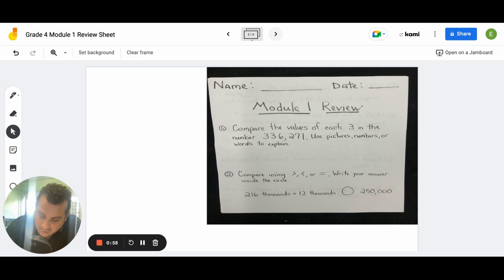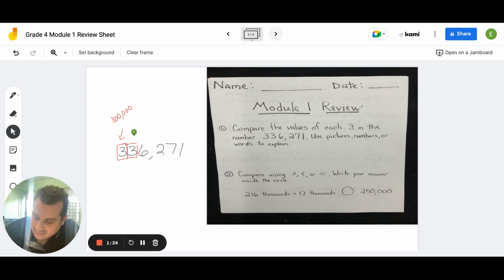So if we're looking at 336,271, for me, I like to use words because I'm looking at that 3 and that 3. This 3 is in the hundred thousands place. So that's worth 300,000.